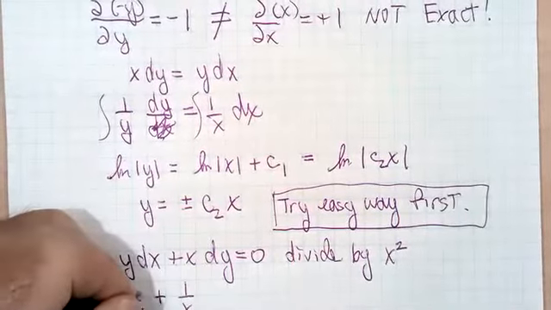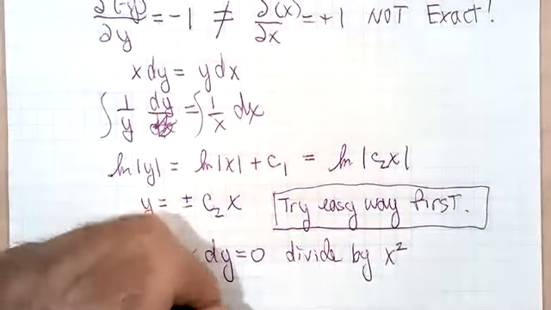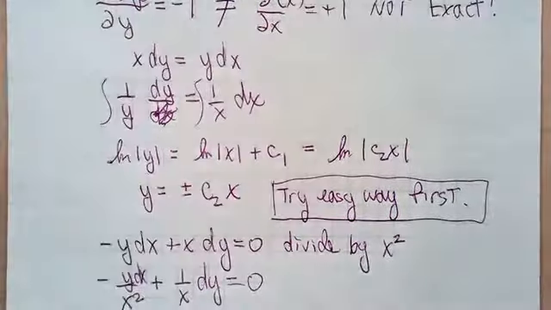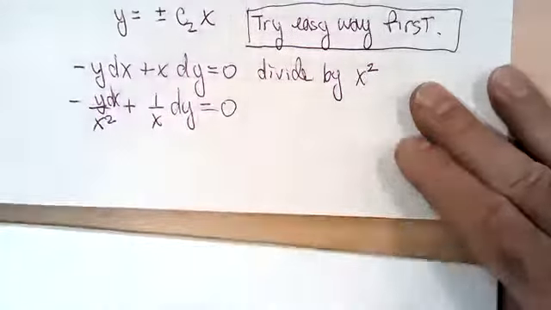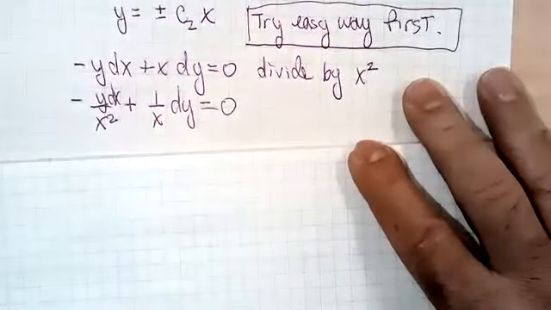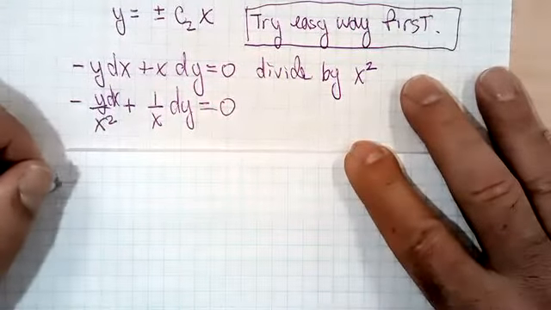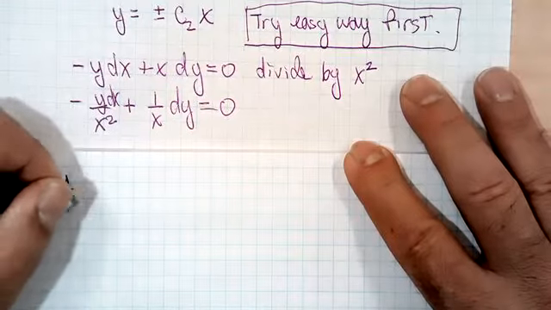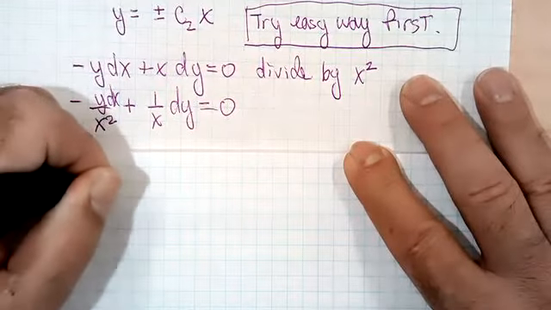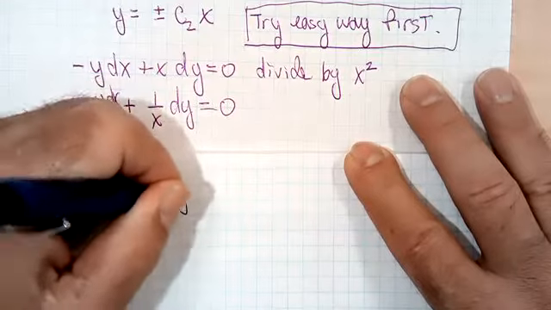Oops, I forgot my dx here. dx plus 1 over x dy equals 0. And I've got to change this anyway, so I may as well recopy that and make it closer to legible. y over x squared dx plus 1 over x dy equals 0.